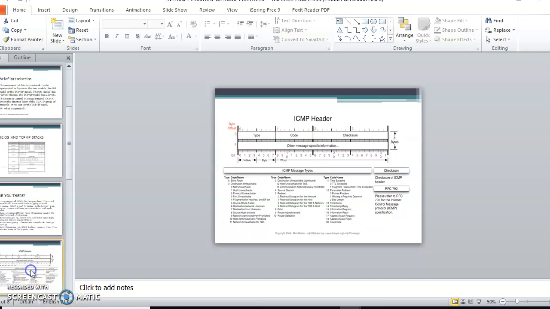So now, this is a list of the ICMP messages right there. And that's your ICMP header with the type, the code, and the checksum, and other message specific information.